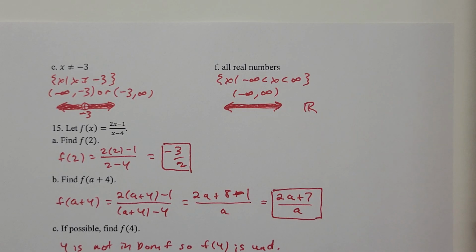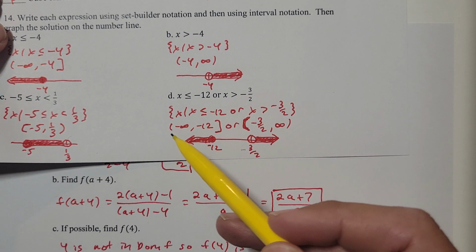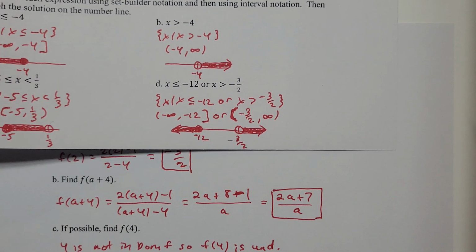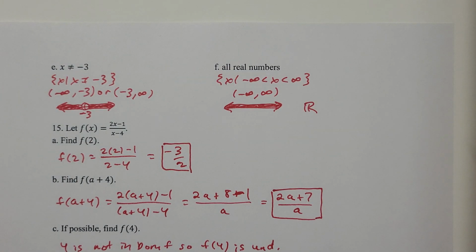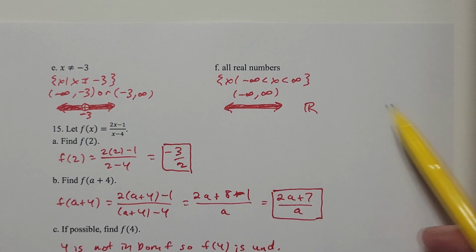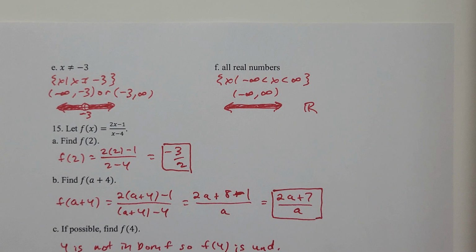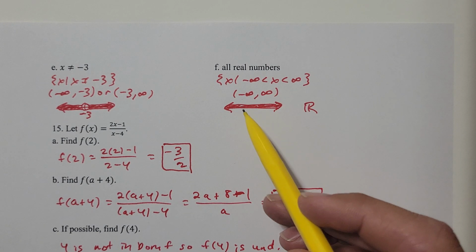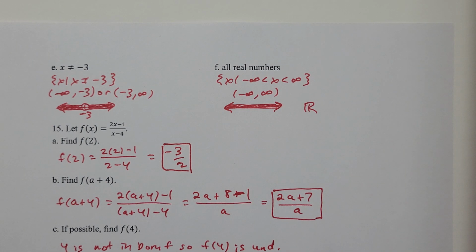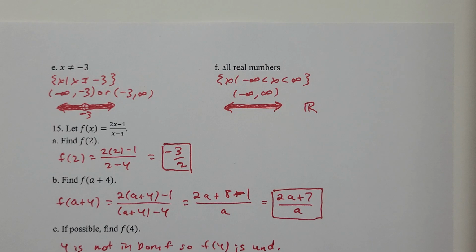So you'll never have a bracket by the infinity sign. You always have parentheses by the infinity and negative infinity symbols because those are not numbers. As an interval, okay, we got negative infinity to infinity, parentheses at both ends. And on the number line, we're shading the whole number line.